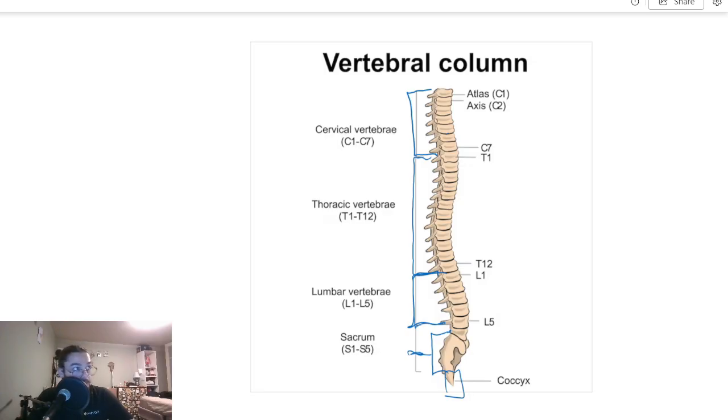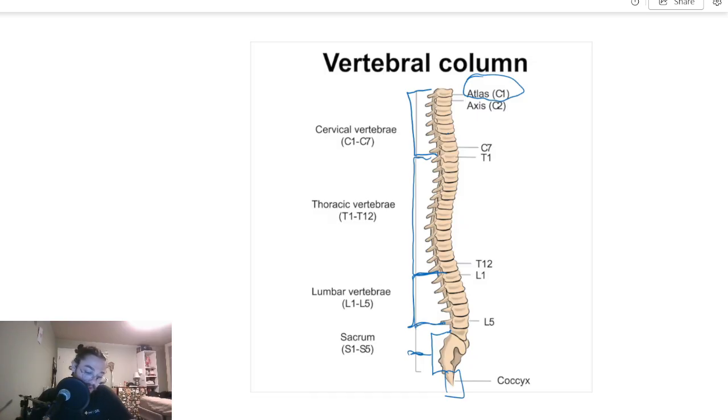Your globe is sitting on top of your atlas, and that allows for flexion and extension of the skull at the atlanto-occipital joint, because the atlas and the occiput, your occipital bone, are interacting there.